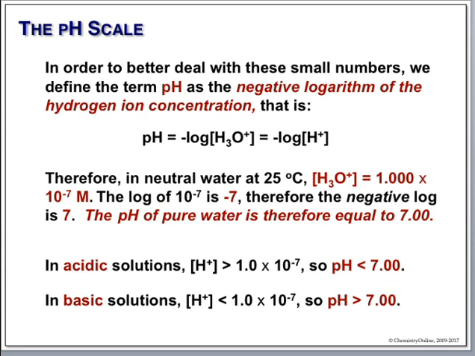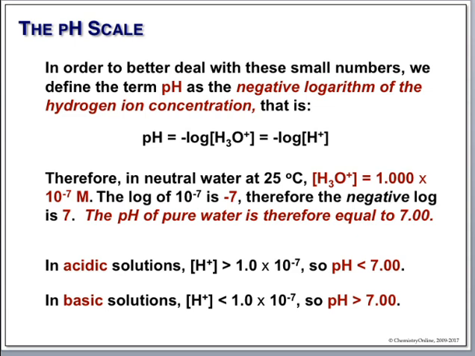If the pH is less than 7, that means you have an acidic solution. If the pH is greater than 7, you have a basic solution. And if it's exactly 7, you have a neutral solution. A small pH means acid. A high pH means base.